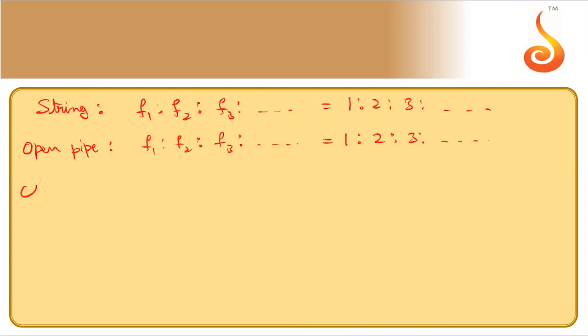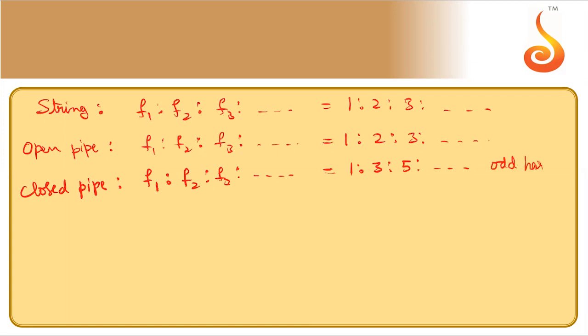In case of closed pipe, means pipe which is closed at one end, F1, F2, F3 is 1 is to 3 is to 5, so on. So here only odd harmonics are present. In these two cases, all harmonics are present.